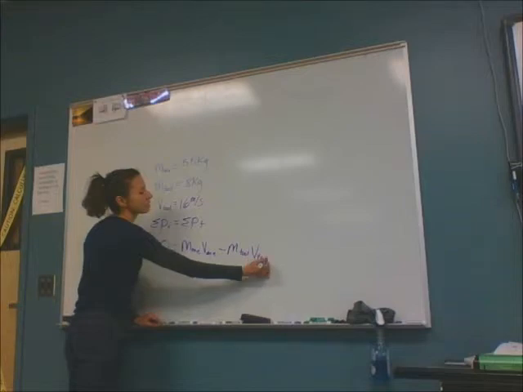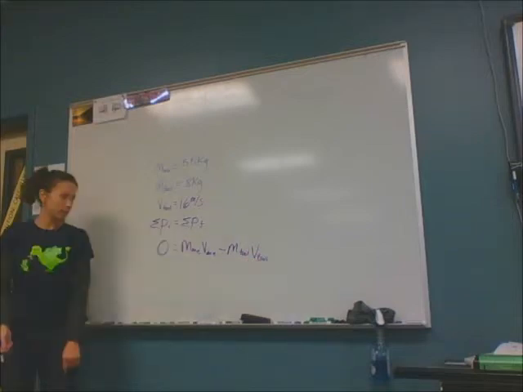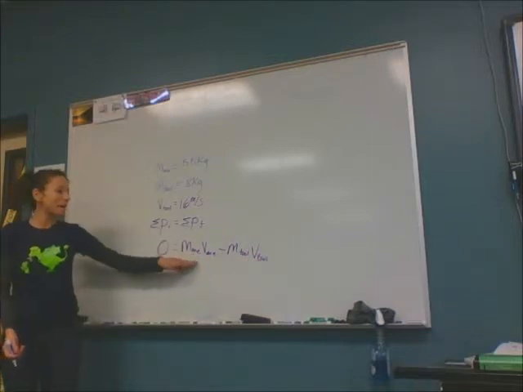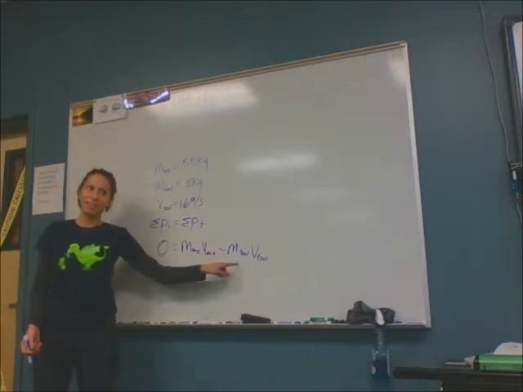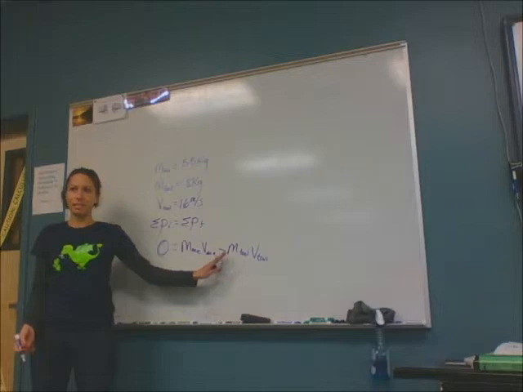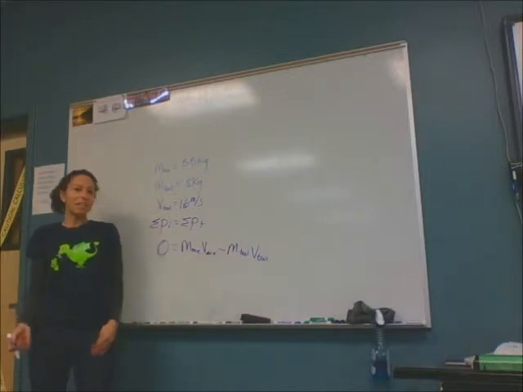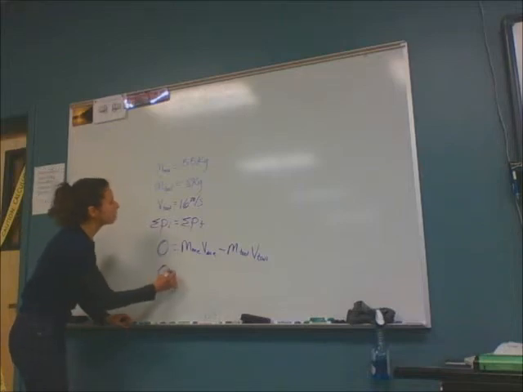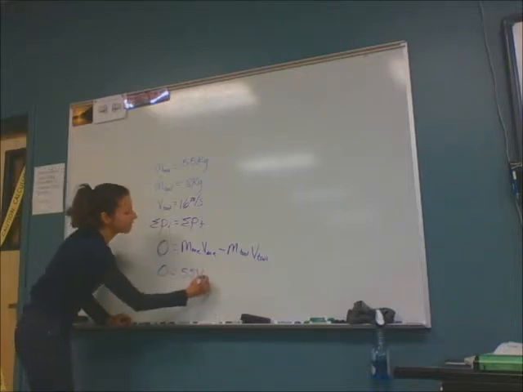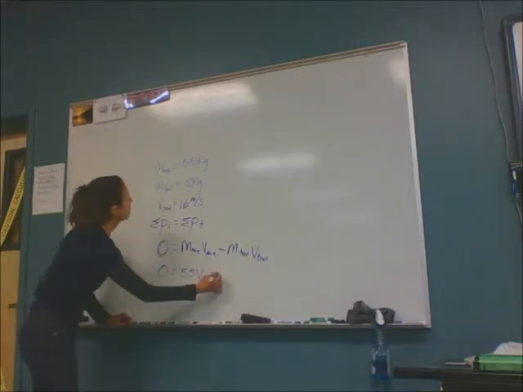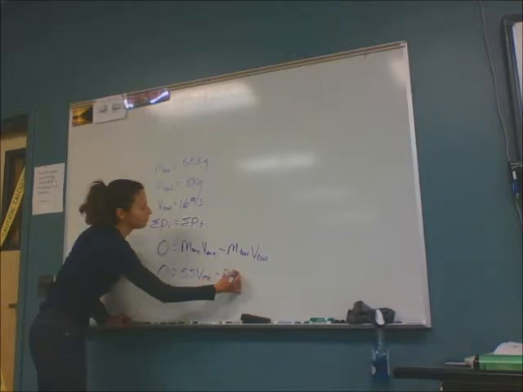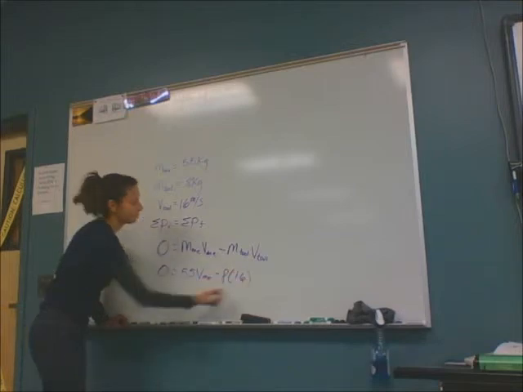Okay. Now I just plug in numbers. 0 equals 55 times my velocity minus 8 times 60. And then somebody with a calculator will tell me that the answer is 2.32 meters per second.